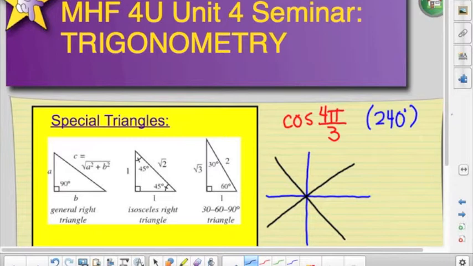If we take 240 and subtract 180, you get 60 degrees, right? 60 degrees is the same thing as pi over 3. So we would have pi over 3 this way, and it would be negative. Because cosine is negative in these two quadrants, we have pi over 3 this way and pi over 3 this way.